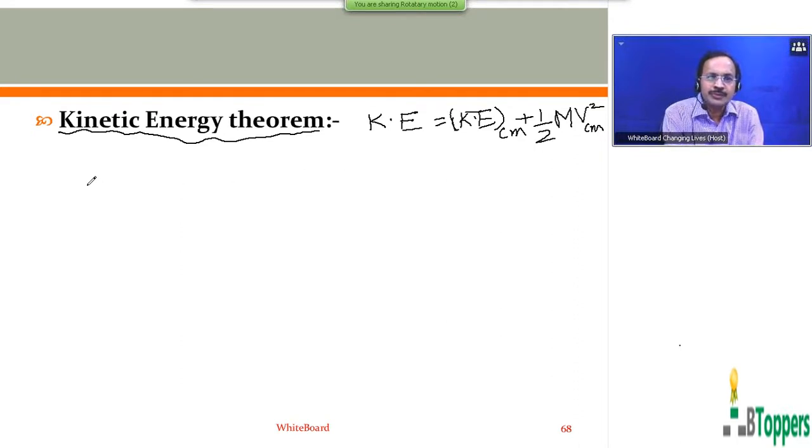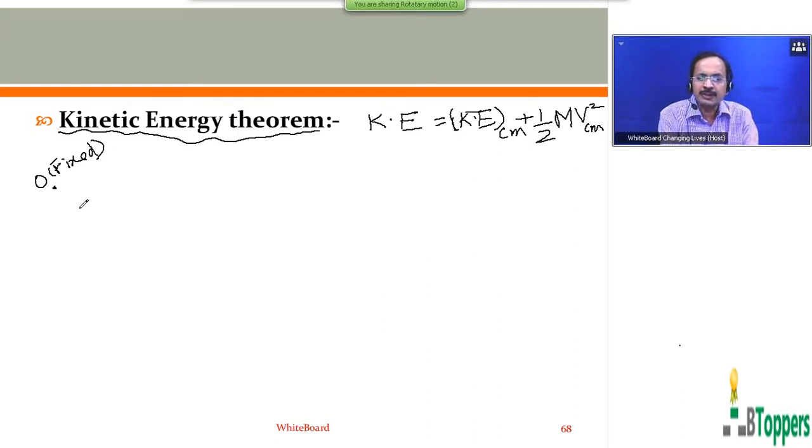So if you consider an origin O of a fixed coordinate system, we mean fixed with respect to the laboratory frame of reference.